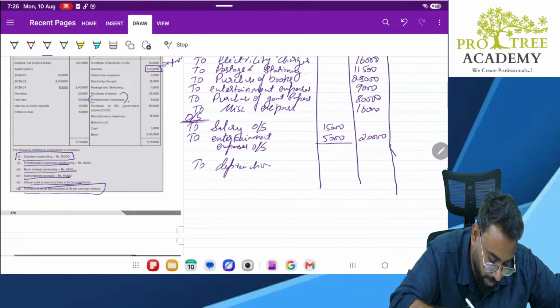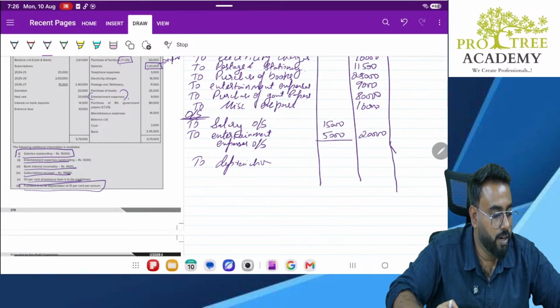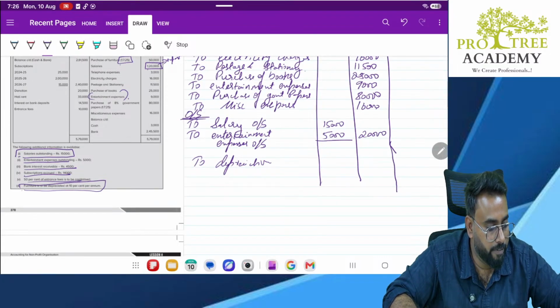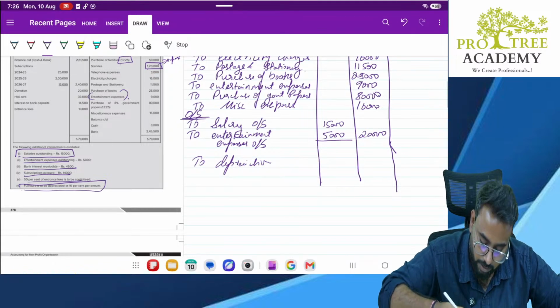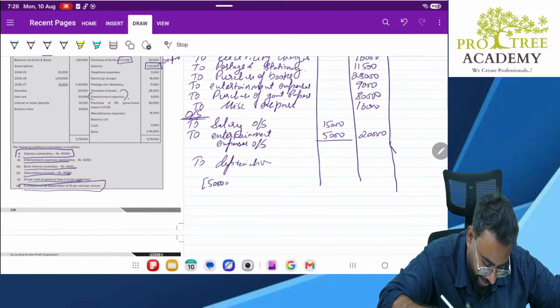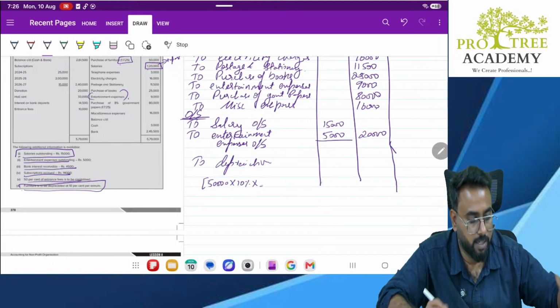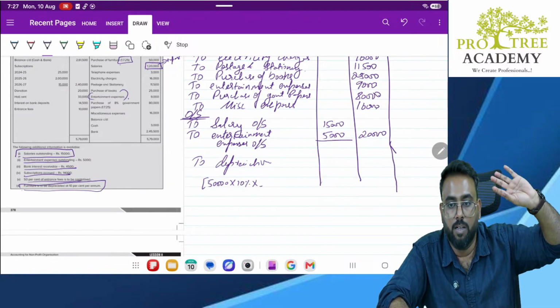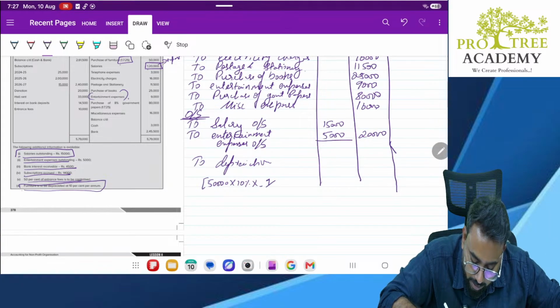How much is the furniture? Purchased when? On 1st July 2025, we have purchased the furniture. Correct? What is the amount of furniture? 50,000. What is the depreciation rate? 10%, sir. For how many months will you depreciate? April, May, June, 3 months you leave. So out of 12 months, how many months are remaining? Only 9 months.